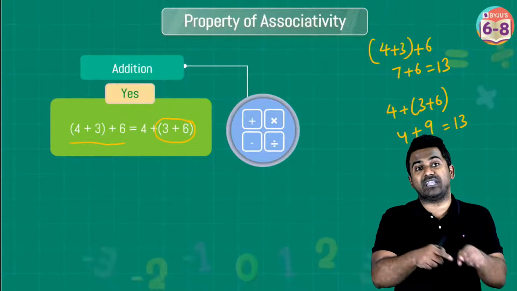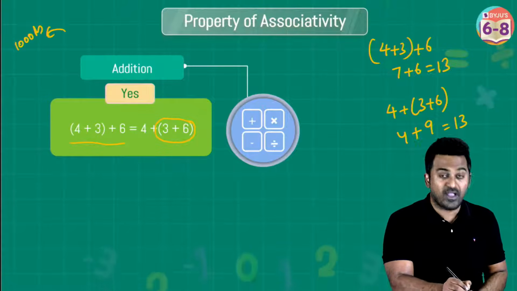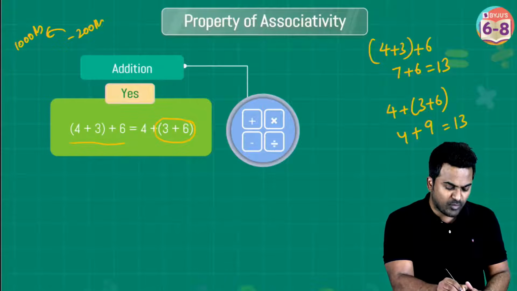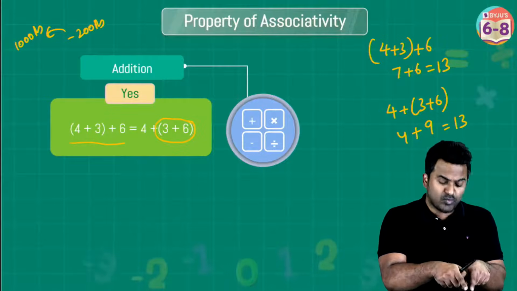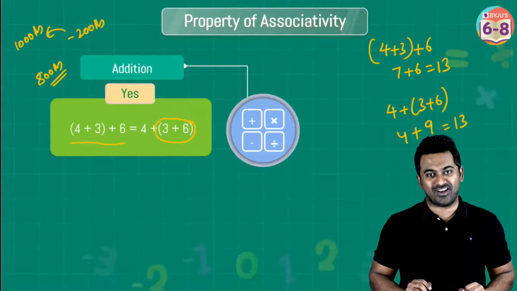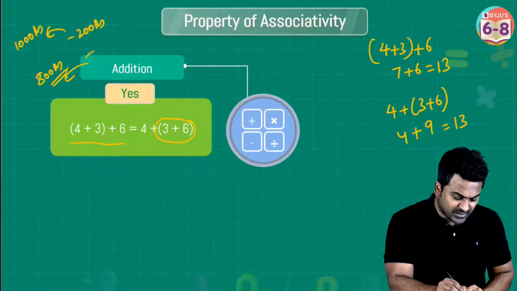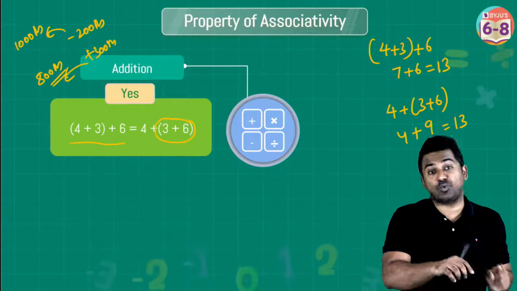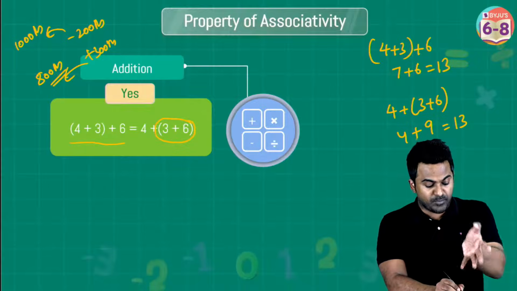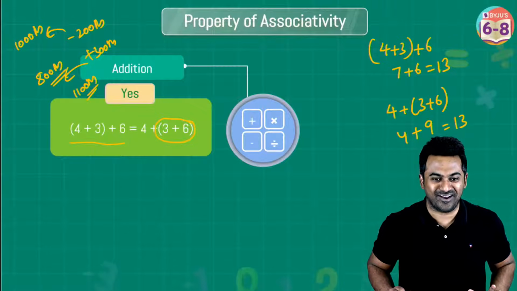Withdraw would be considered negative because let's say you have 1,000 rupees and you have withdrawn 200, which means you removed money. Remove is subtraction, right? So now your bank balance would be 800. Deposit would be positive because let's say somebody deposited 300 in your bank account. Since there were 800, and somebody deposited 300, your bank balance will show a good 1,100 rupees.